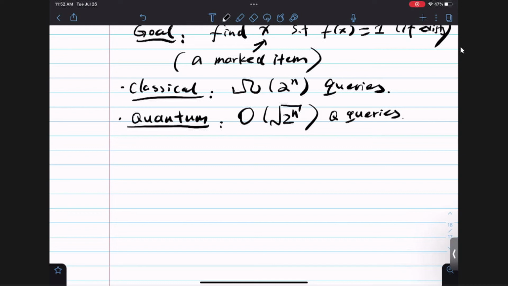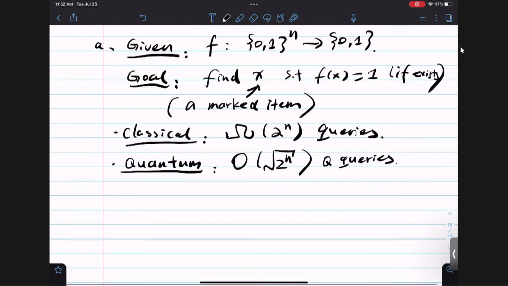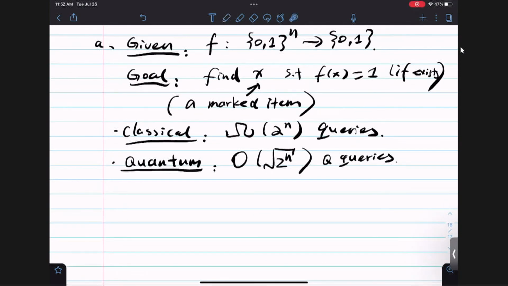This will reduce your cost from 2 to the 256 to 2 to the 128, and that's quite an improvement. Another nice thing about this quantum search algorithm is that we have no structure needed for the function f. It's just an arbitrary function. That's why we call this unstructured search, as opposed to the HSP framework, where we have some nice structure for the quantum computer to take advantage of. But this algorithm is generally applicable.